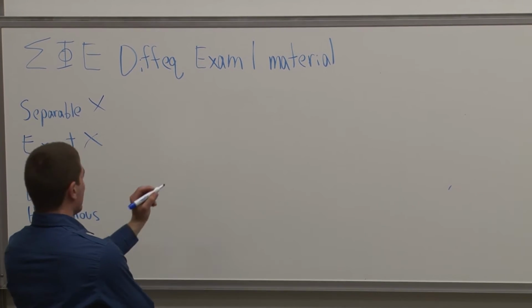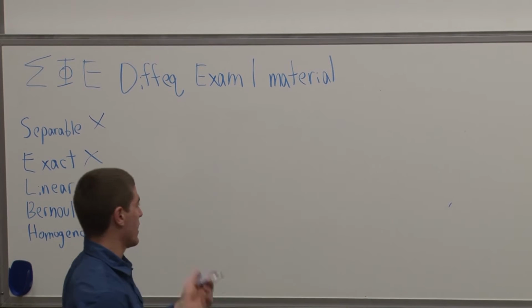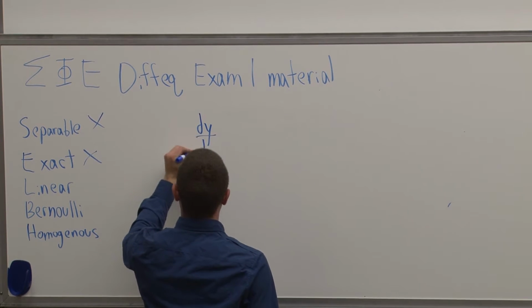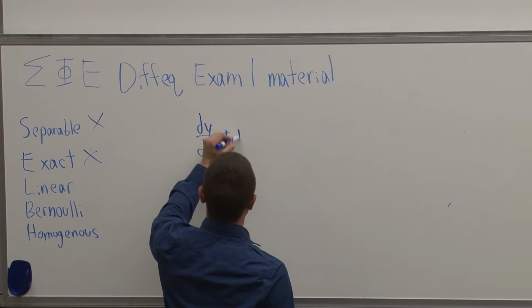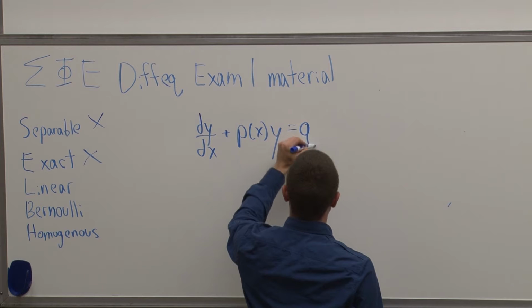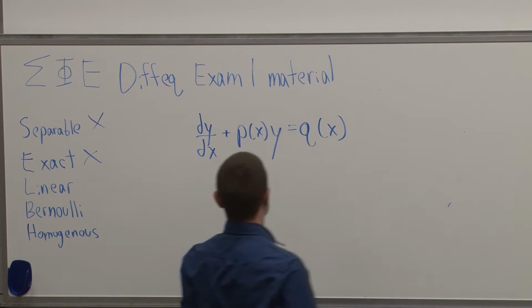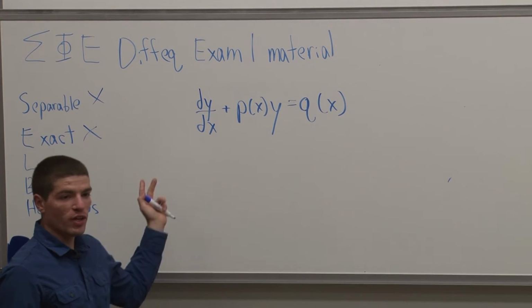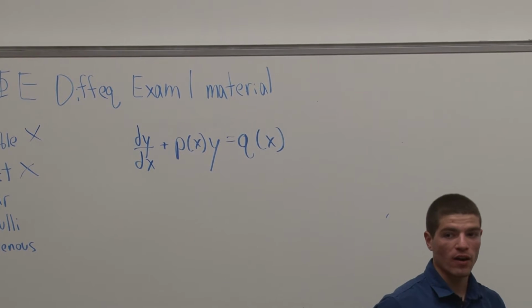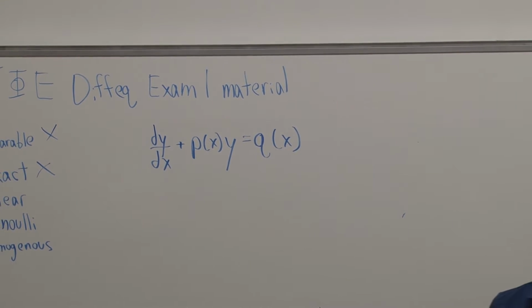A linear equation looks like this: dy dx plus p of x times y equals q of x. If you suspect something is linear, you need to make it in this form.